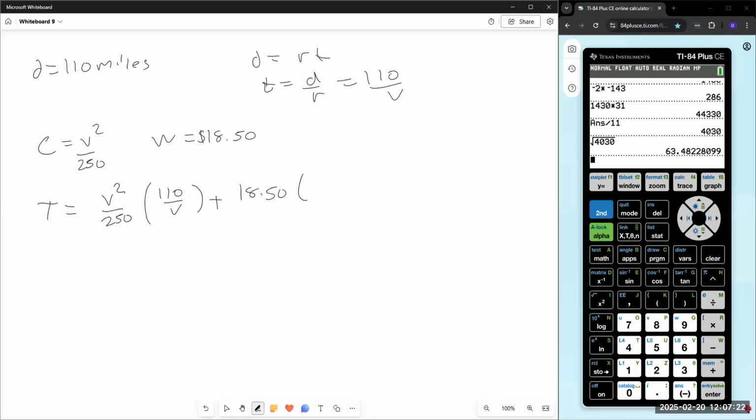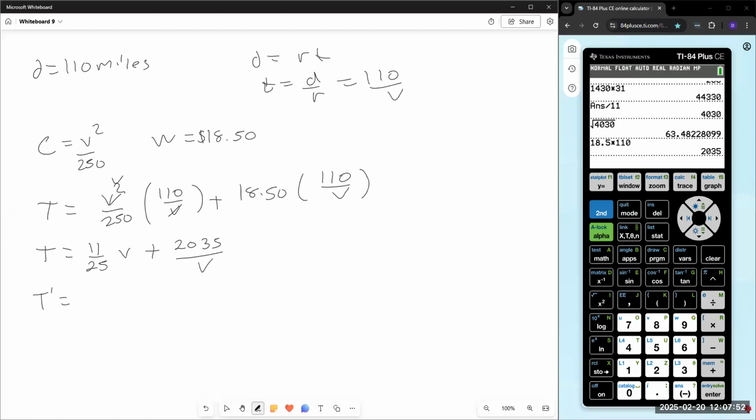18.50 times 110 over V is going to give us T is 11 over 25 V plus, and then 18.5 times 110 is 2035 over V. And so T prime is 11 over 25 minus 2035 over V squared.